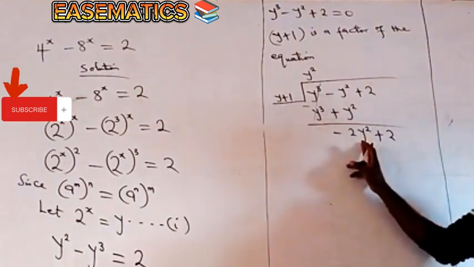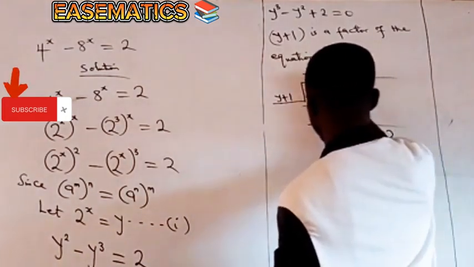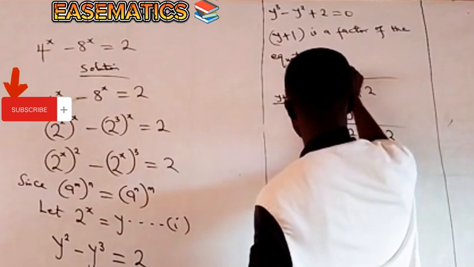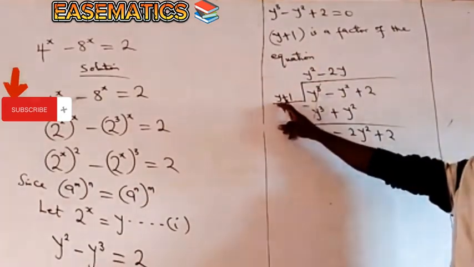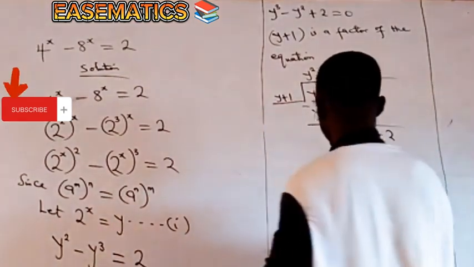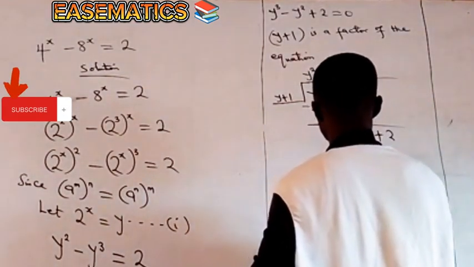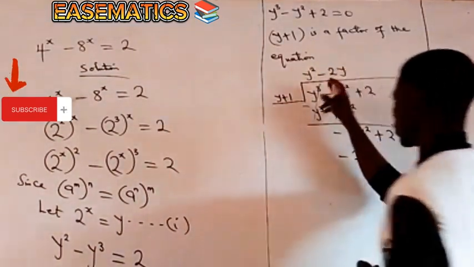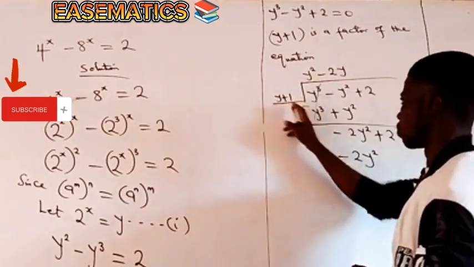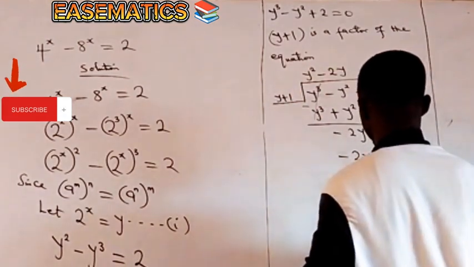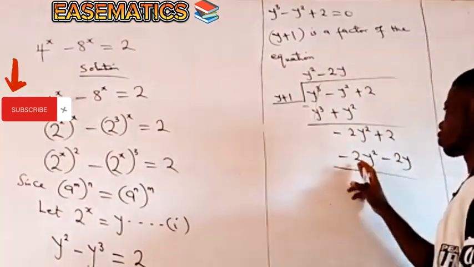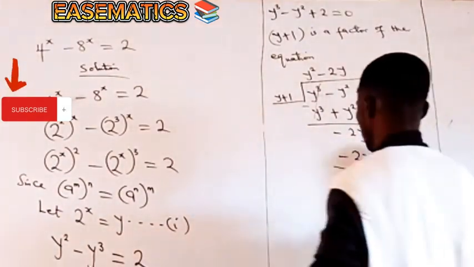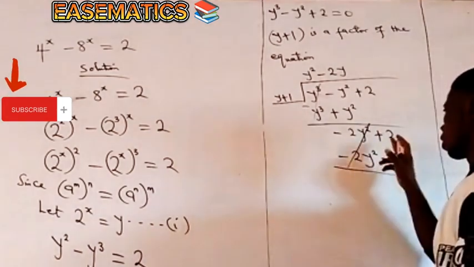Y dividing minus 2y squared will give minus 2y. And minus 2y multiplied by y gives minus 2y squared. Minus 2y multiplied by plus 1 gives minus 2y. Subtracting this, we have minus 2y squared minus minus 2y squared, that gives 0.